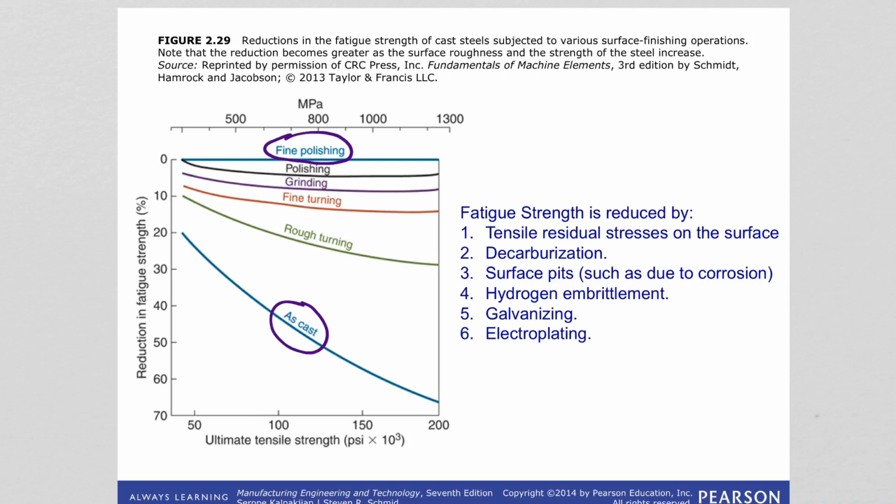So how is the fatigue strength actually reduced in materials? If there are tensile residual stresses on the surface, this affects the fatigue strength. Decarburization, meaning surface degradation happening, such as during the forging or heat treatment of steels, we are losing carbon from the surface.